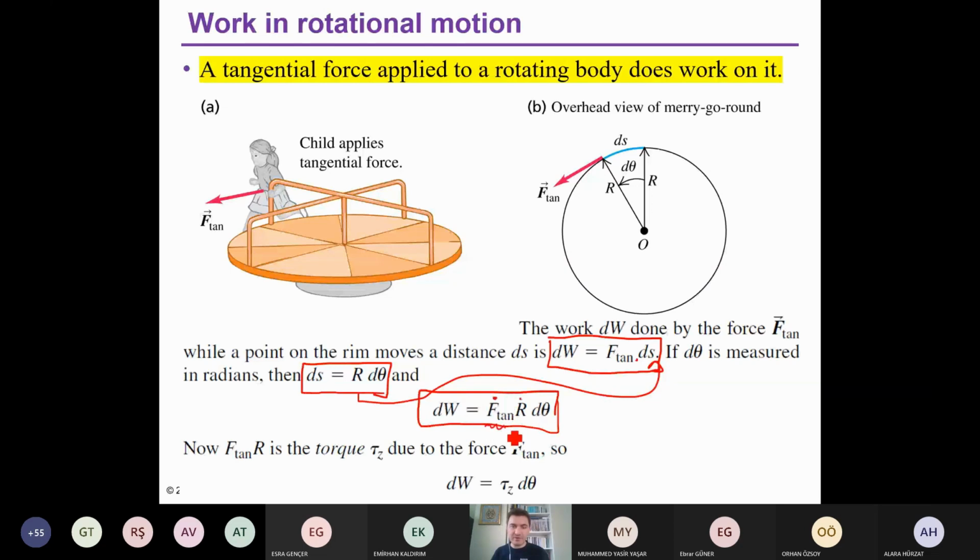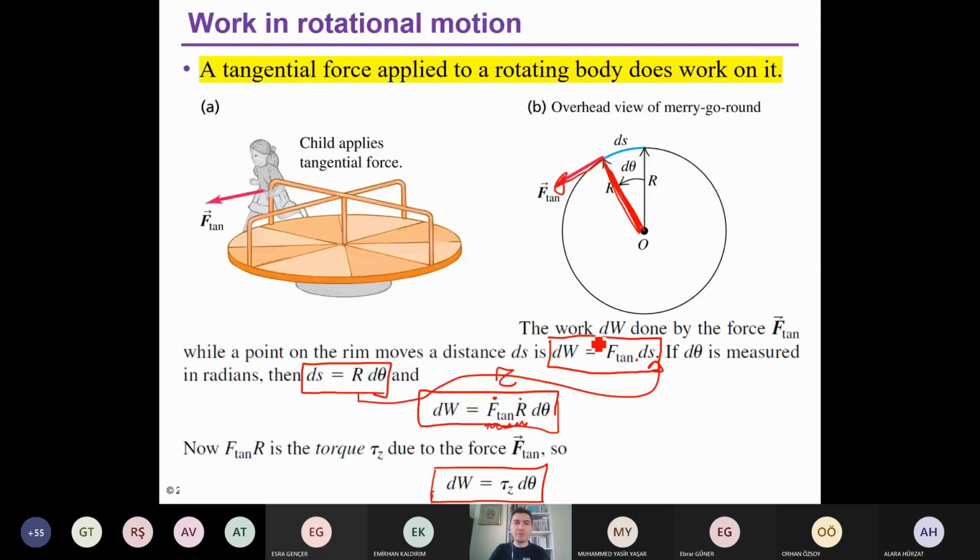What is this? F times r, the lever arm to the rotation axis. This is the torque, right? Then I can write the work like this. The work done by the F tangential is equal to torque times d theta, the change in the angle.